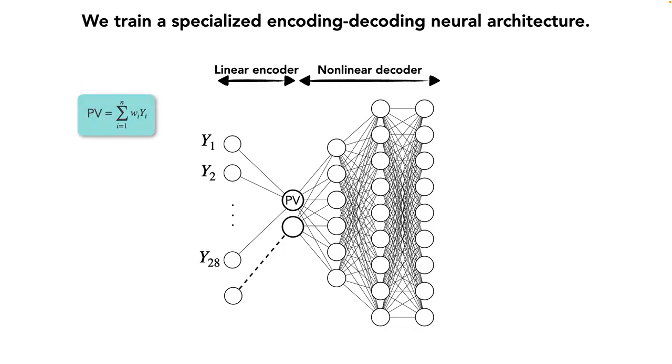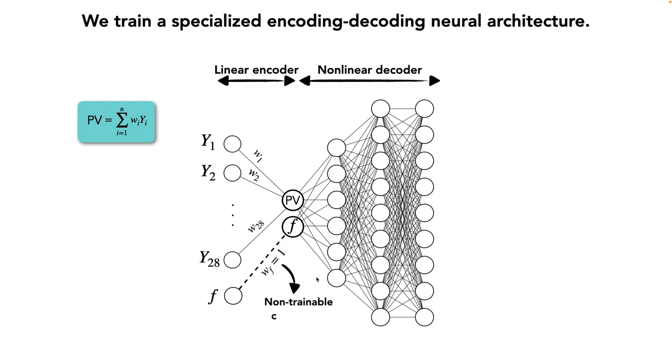At the input to the neural network, we pass all chemical species mass fractions, and hence we allow the PV definition to be a linear combination of any of the species mass fractions, where the weights of that linear combination get optimized through gradient descent. We also force the second parameter to be mixture fraction, and this is done by adding a non-trainable connection that just passes through the mixture fraction. And eventually our parameterization is two-dimensional, composed of a PV and a mixture fraction.